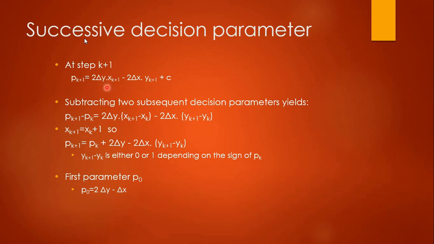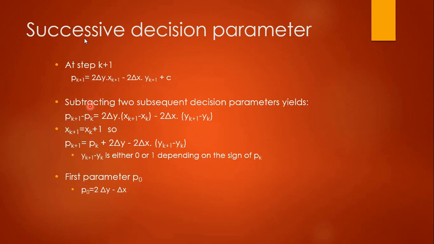What changes is that wherever you have xk, you write xk plus 1. It is the same decision parameter formula as pk, but we have just changed k to k plus 1.